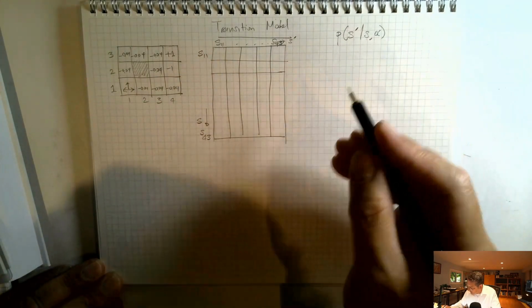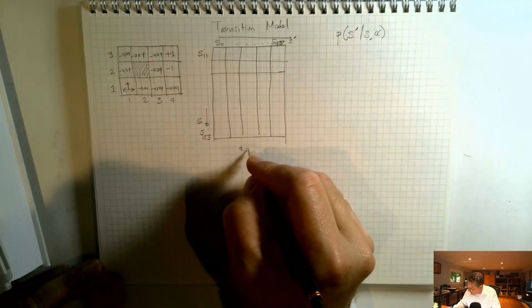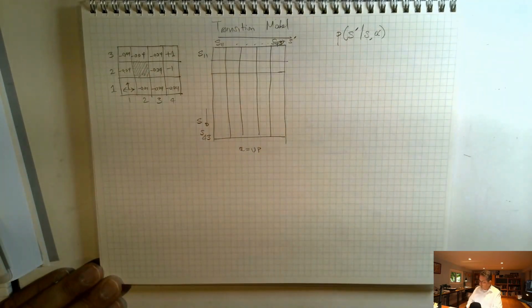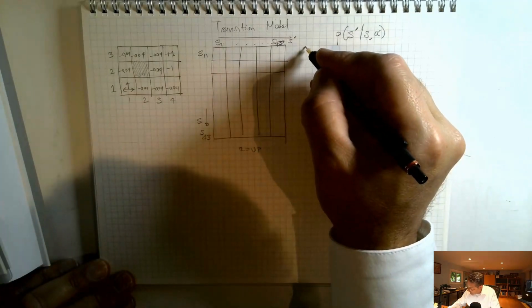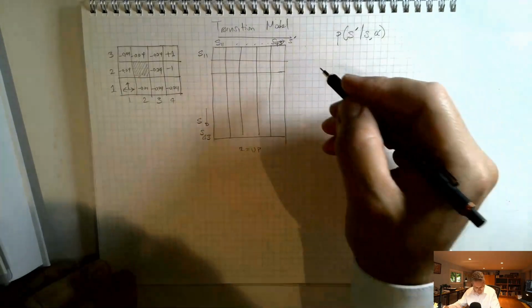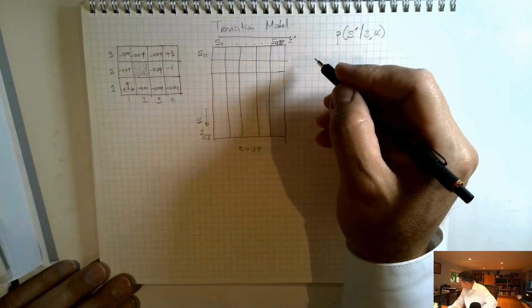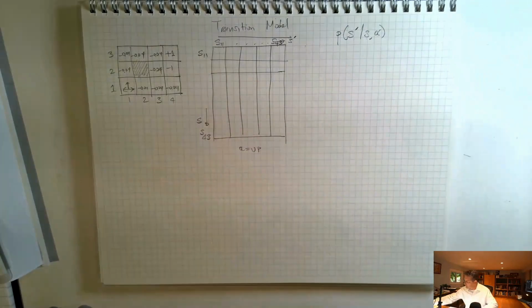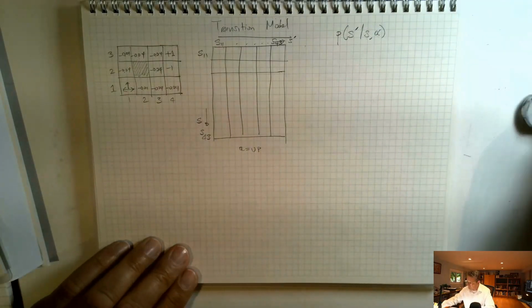We are missing the A, and therefore we can define one of those matrices for the action north. I think in the textbook it is actually not north but up.